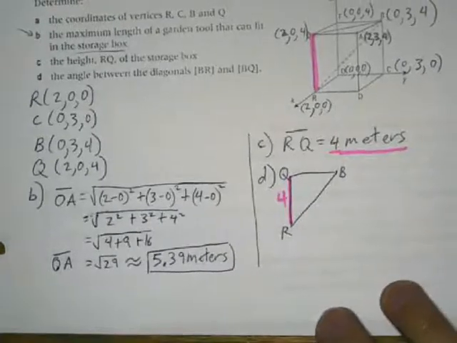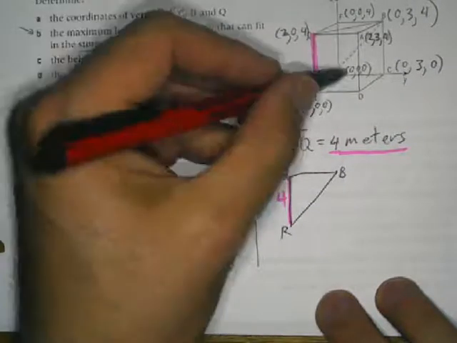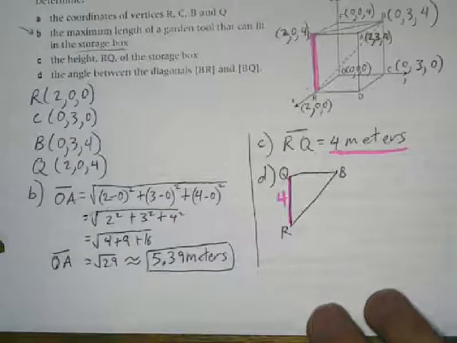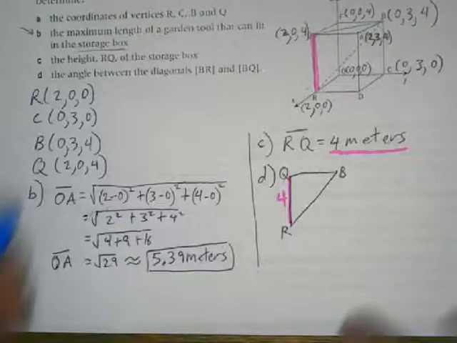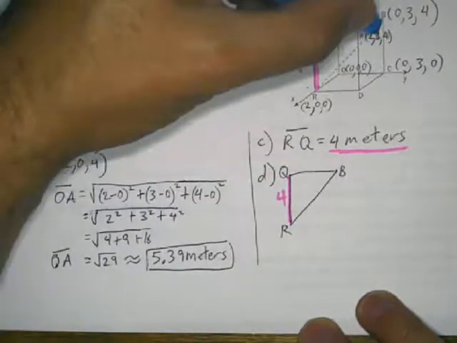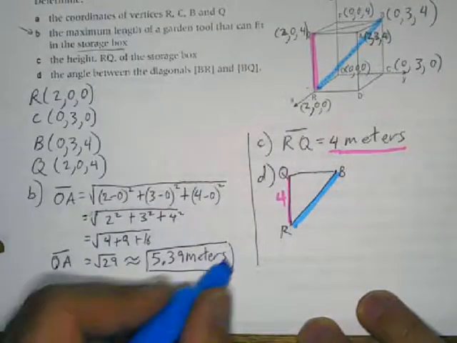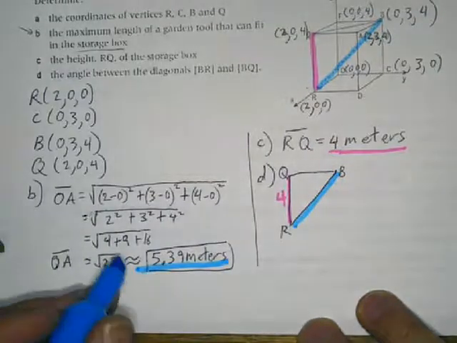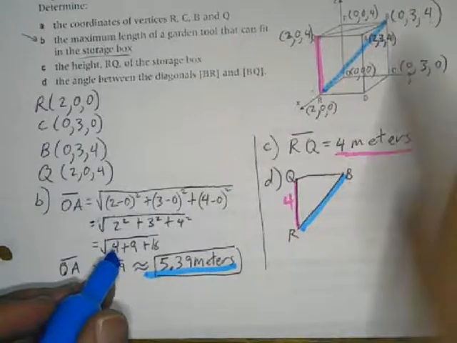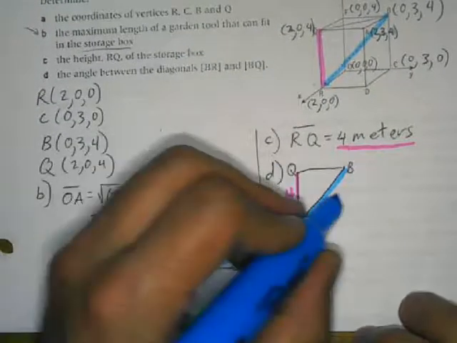And R to B is the same as O to A. It's the diagonal across, which we just figured out in part B is 5.39.